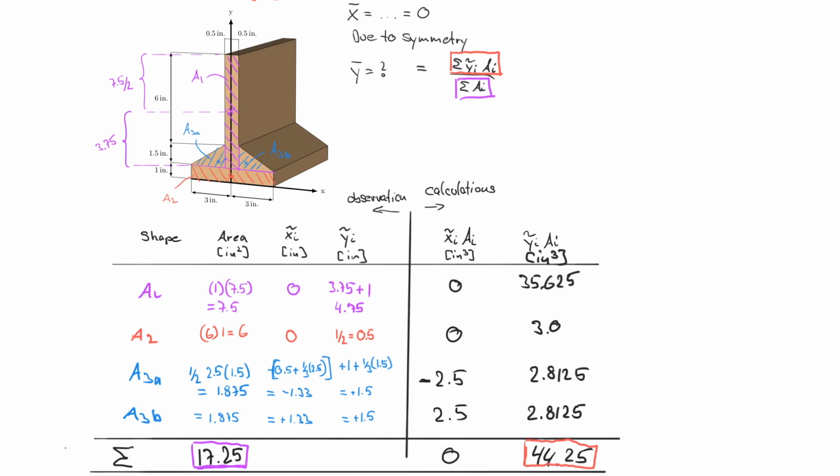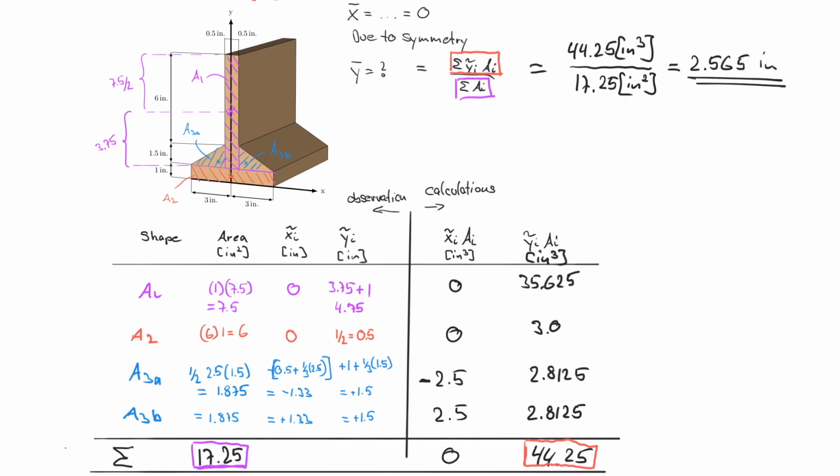So ultimately, I end up with a formula that says 44.25 inch to the cubed divided by 17.25 inch squared, and that results ultimately in 2.565 inch. And that is a result and the one we were asking for.